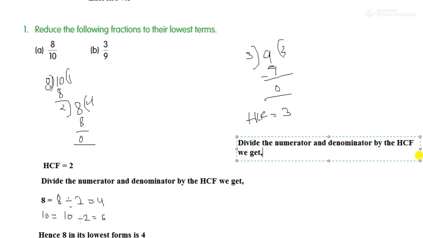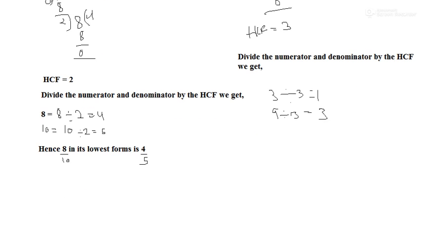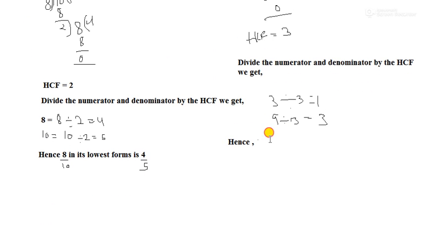We get 3 divided by 3 equals 1. 9 divided by 3 equals 3. So 3 by 9 in its lowest form is 1 by 3.